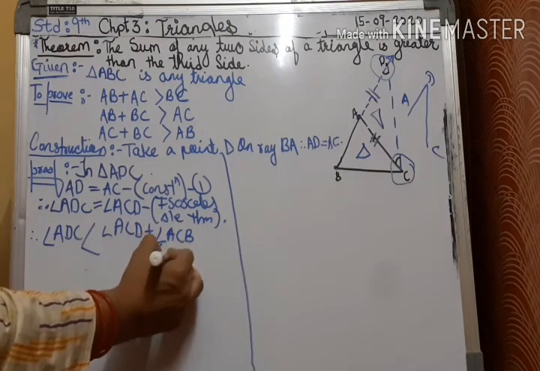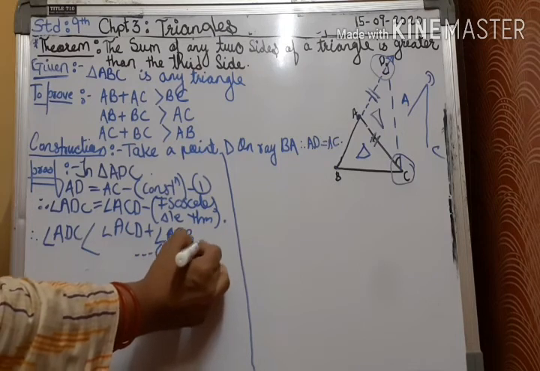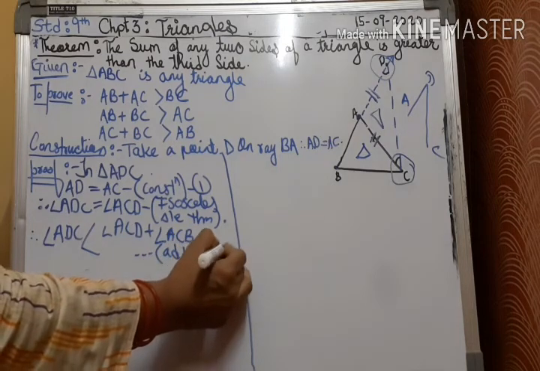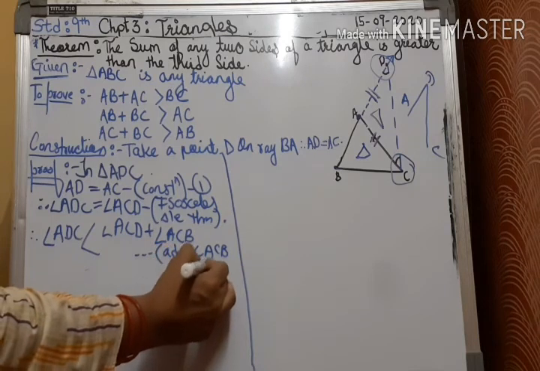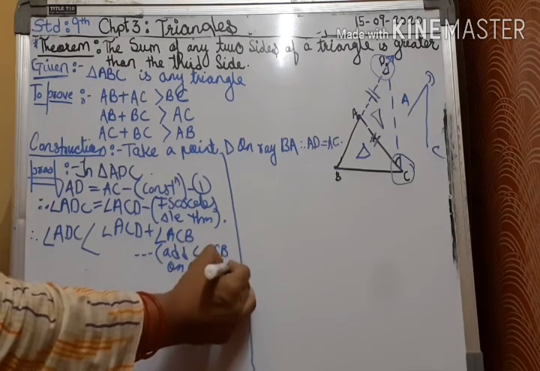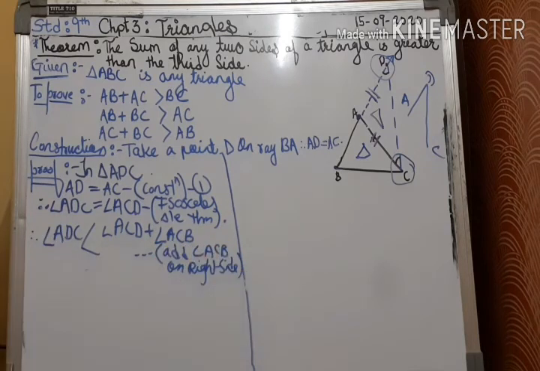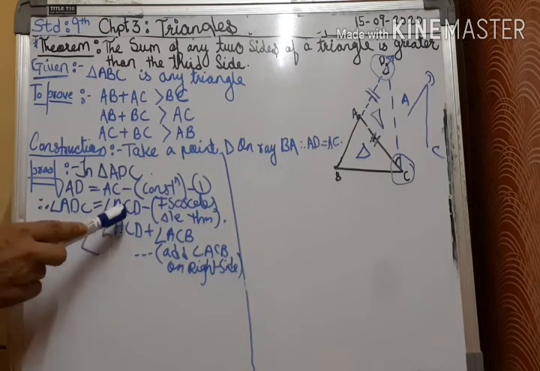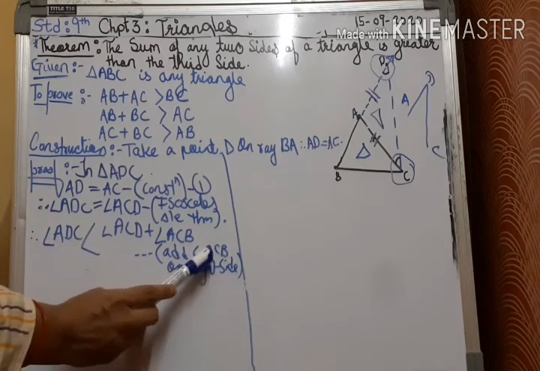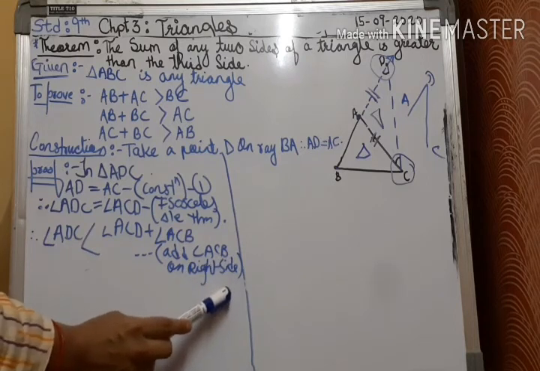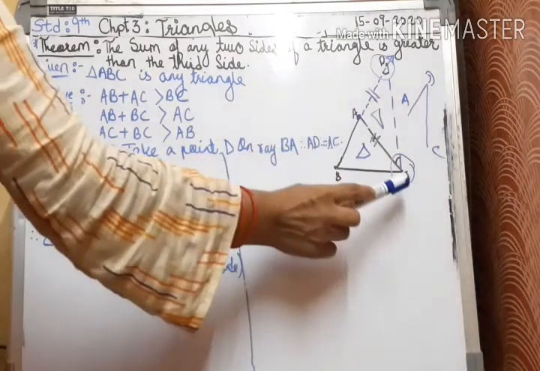We give the reason: add angle ACB on the right side. See here, this angle ADC we write as it is, ACD as it is. We have only added angle ACB on the right side.